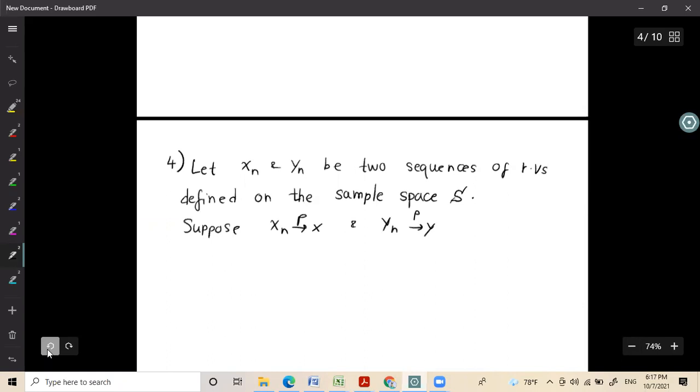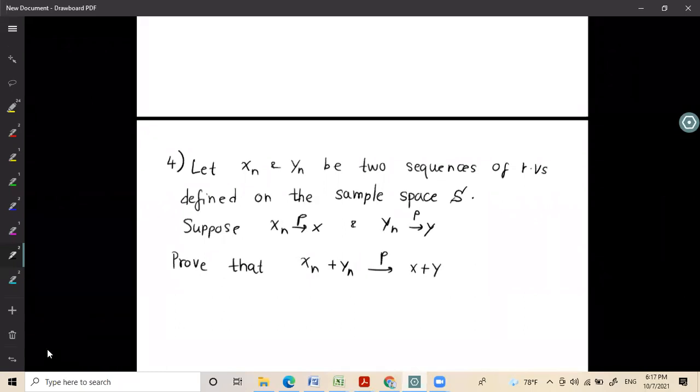This is known. You have to prove that the sum xn plus yn goes in probability to x plus y. So you have to show that the sum of xn and yn converges in probability to the sum of x and y. Right.